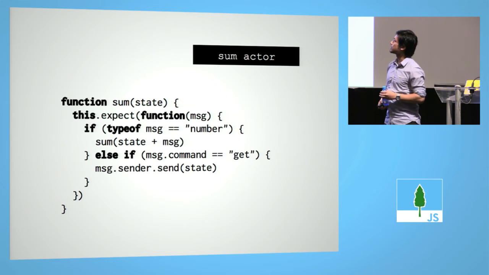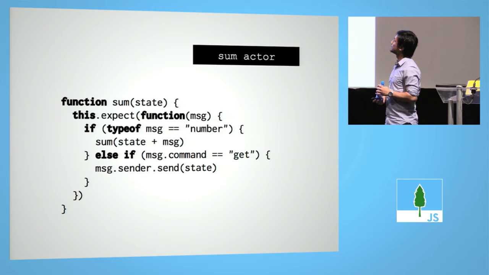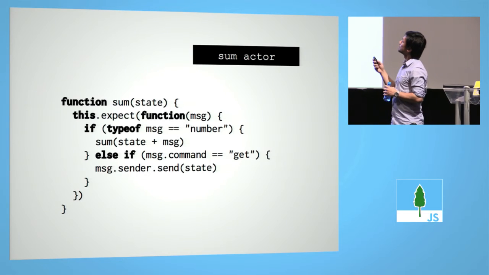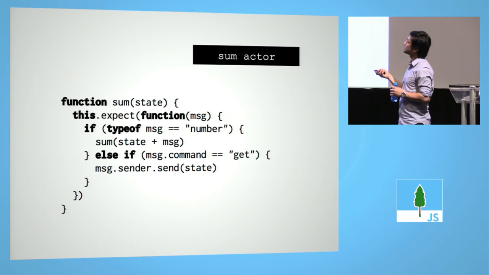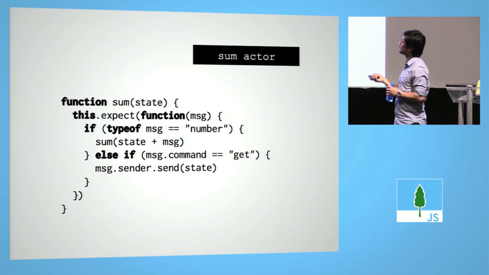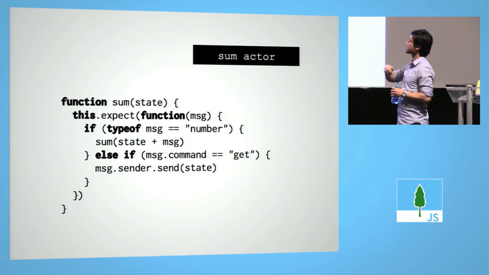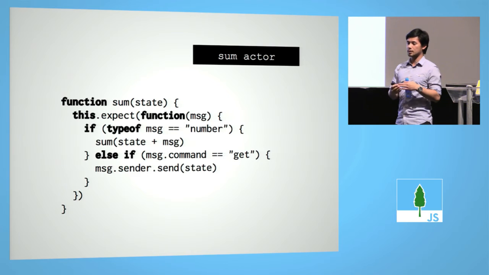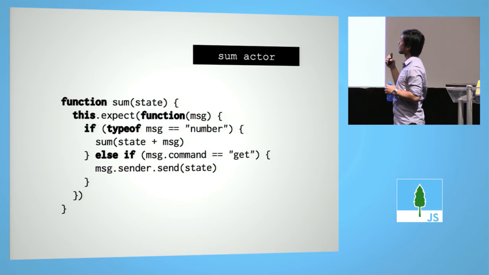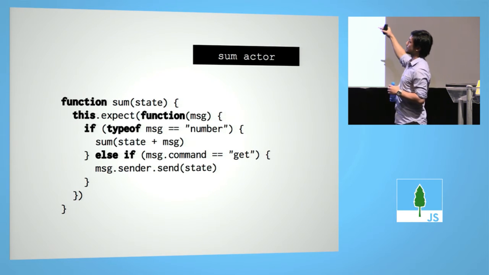But let's just focus on the sum function first. We expect something to be sent to the mailbox of this actor. If it's of type number, then we call sum again. We recurse with a new state, the state plus this number. So we end up at the top of the function again, waiting on expect one more time.